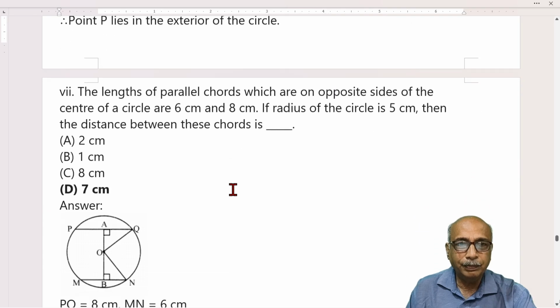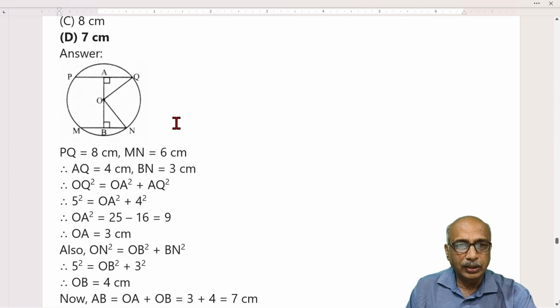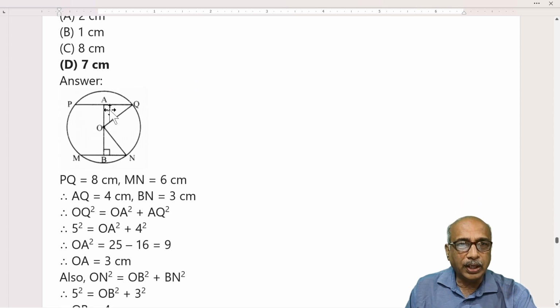Very clear? The lengths of parallel chords which are on opposite sides of the center of a circle are 6 centimeter and 8 centimeter. If radius of the circle is 5 centimeter, then find the distance between these chords. Now here you see, to this triangle we will apply Pythagoras theorem, and to this triangle we will apply Pythagoras theorem. Here we will calculate OA.